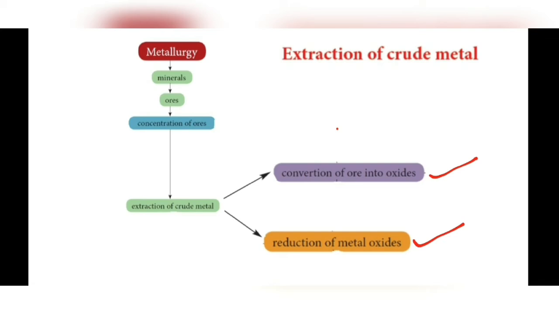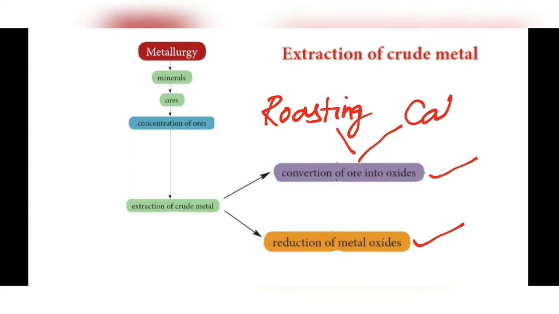In conversion of ore into oxides, two headings are given. One is roasting, another one is calcination.